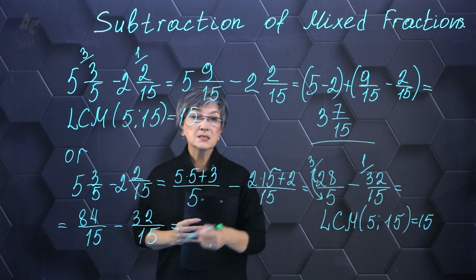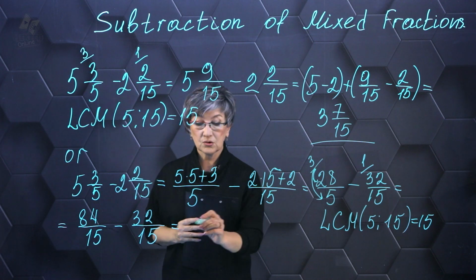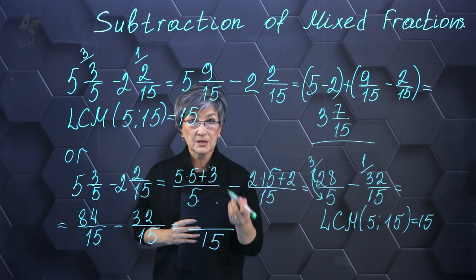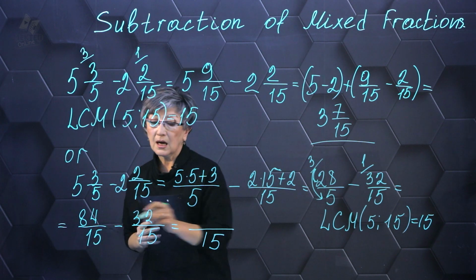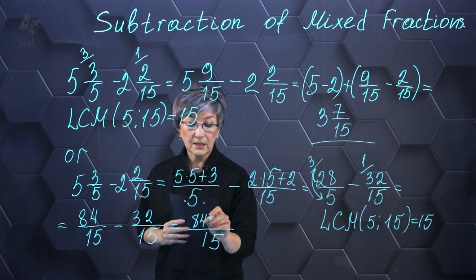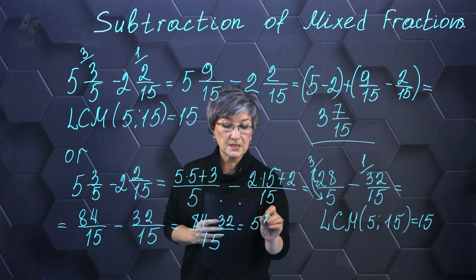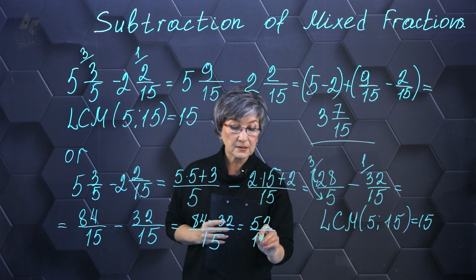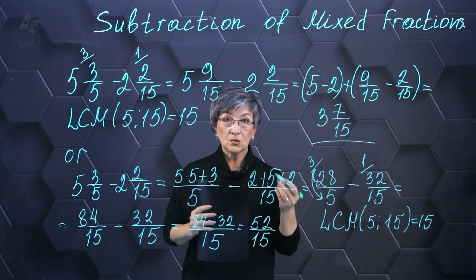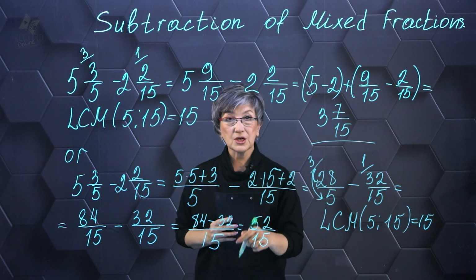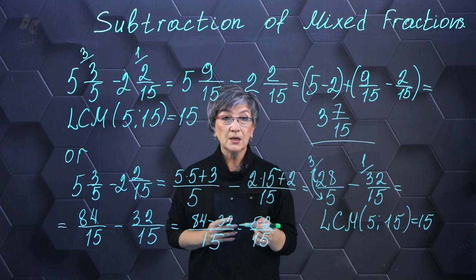Take note of the fact that the denominators are identical. Therefore, our course of action is clear. We must keep this denominator. I shall record it as 15, and then I shall deduct 32 from 84. The outcome is 52/15. But we said that if the answer is an improper fraction, we need to isolate the whole number.